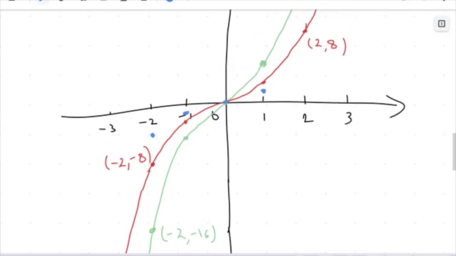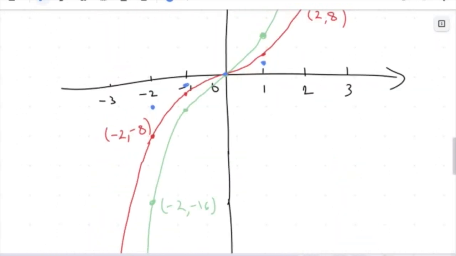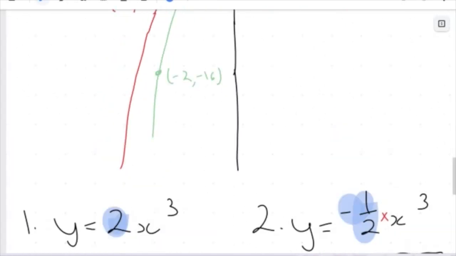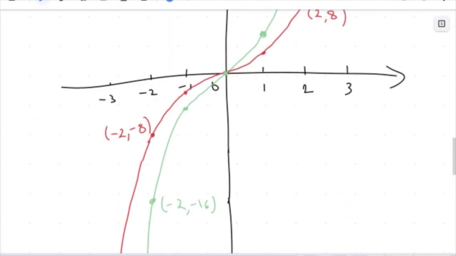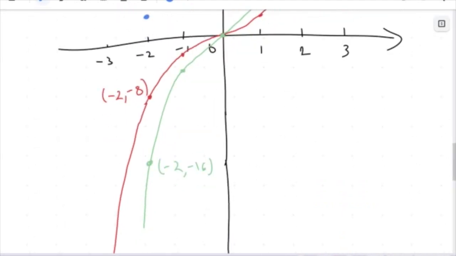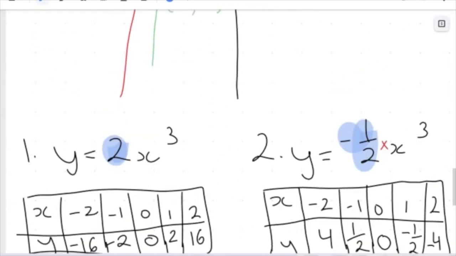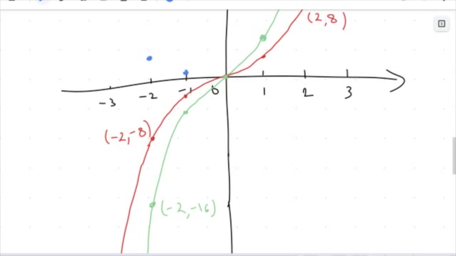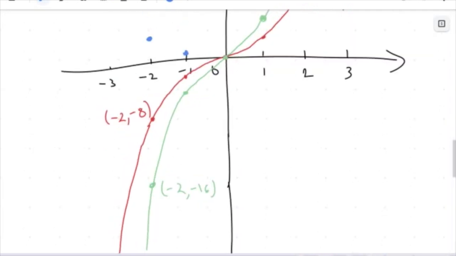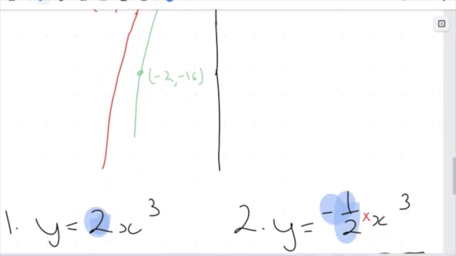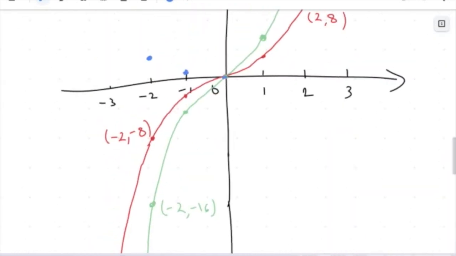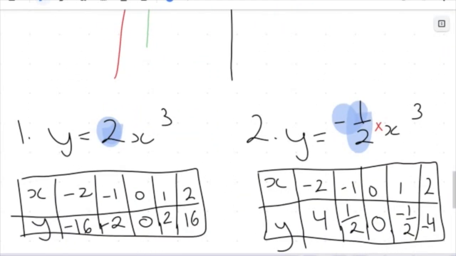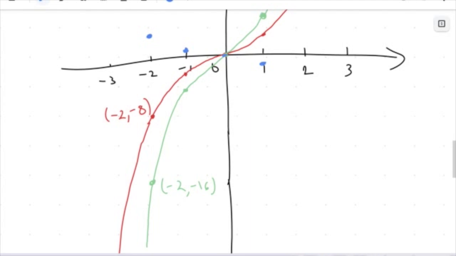I'm doing this wrong. When x is negative 2, y is 4. So that's going to be about up here. When x is negative 1, y is a half. That's about down here. 0, 0. When x is 1, y is negative a half. So that's about here. And when x is 2, y is negative 4. So that's about down here.